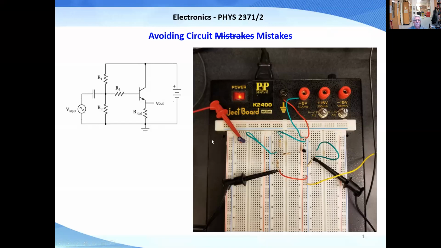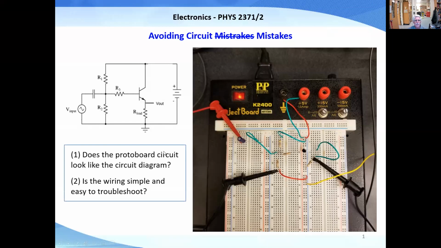So, to avoid mistakes, does a protoboard circuit look like the circuit diagram? Here's a circuit diagram on the left, and you can see on the right the circuit board. Here's a transistor. Below that is a resistor, transistor, resistor. Here's the input resistor on the left of the transistor.